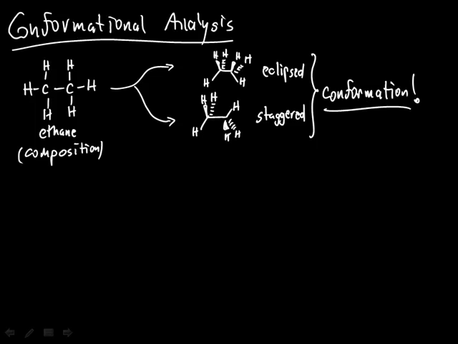So no bonds need to be broken or formed, no atoms need to be added or subtracted. We only need to do a simple rotation on a single bond, or multiple single bonds, to get from one conformation to the other. Now, this appears like a very intricate subtlety of structure, but in reality it's not.